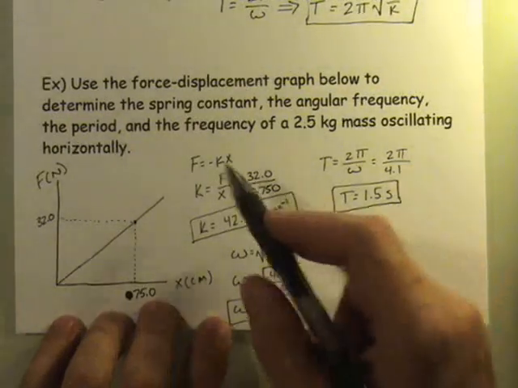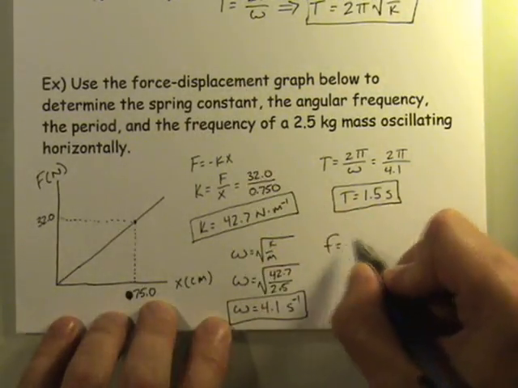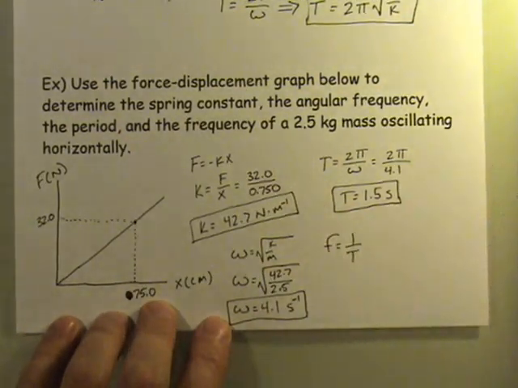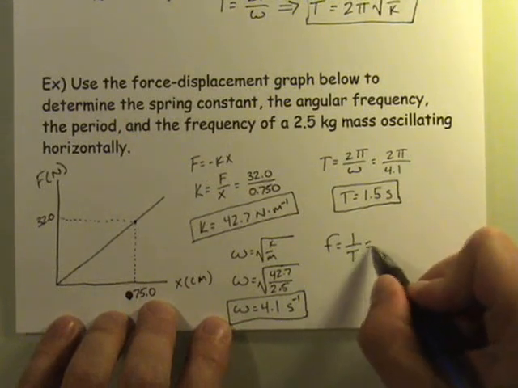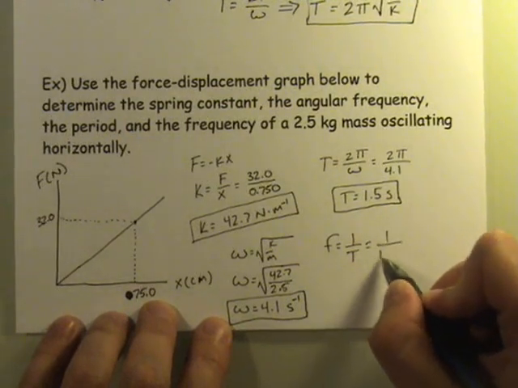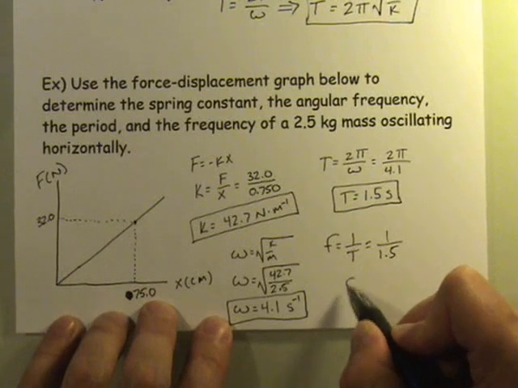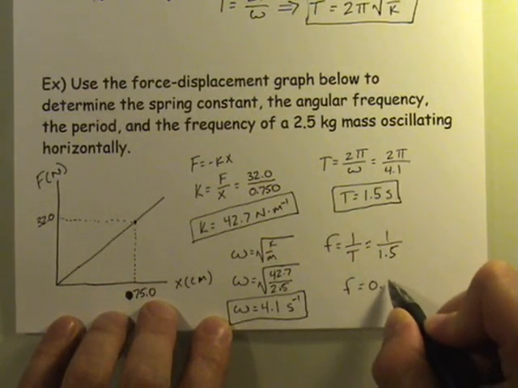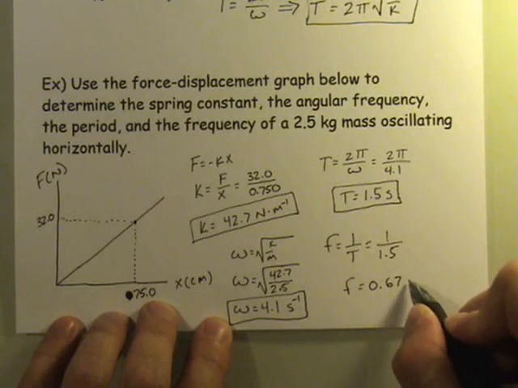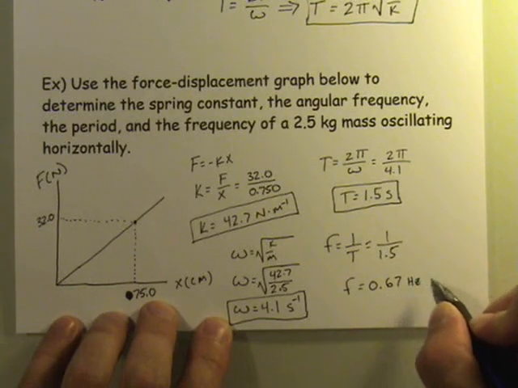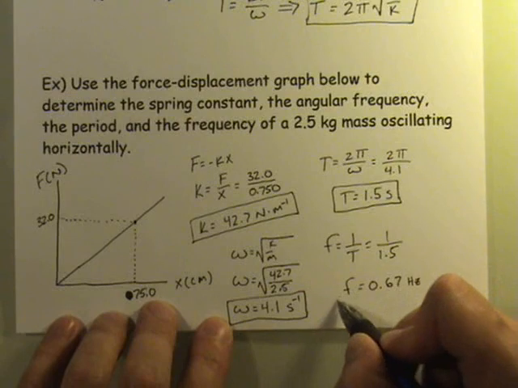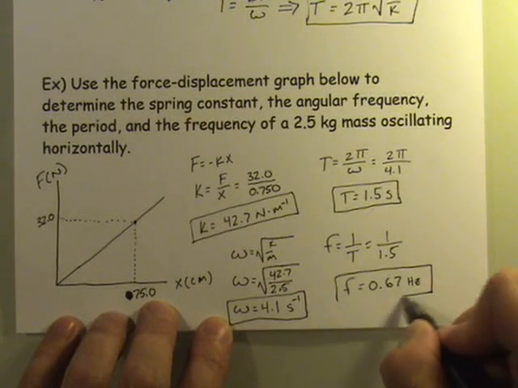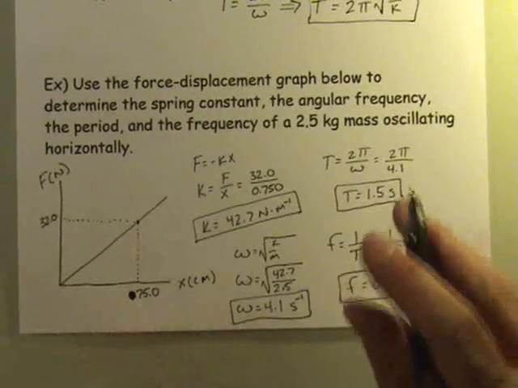And finally, the last thing is to calculate the frequency. Remember, frequency is a very simple formula. It's simply the inverse of the period. So for our example, that's 1 divided by 1.5, or a frequency of 0.67. And remember, this also has units of inverse seconds, but these inverse seconds are referred to as hertz.